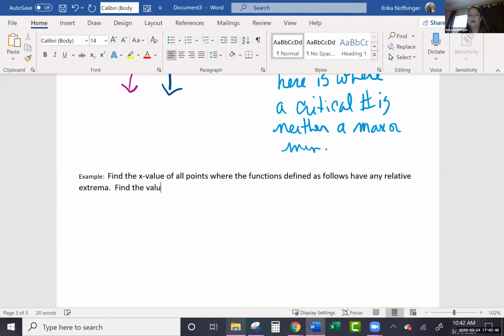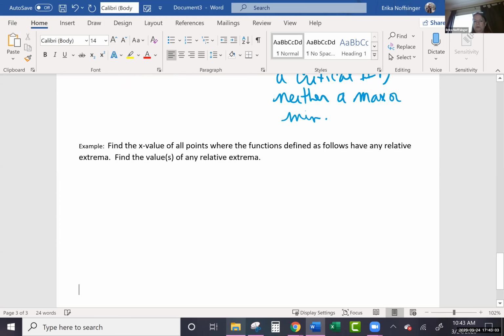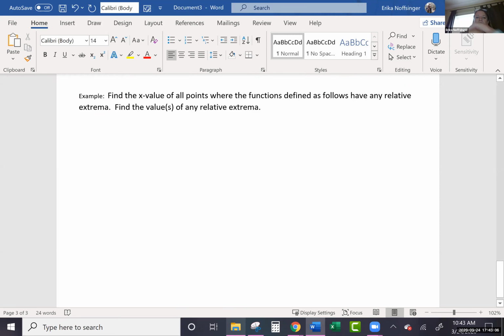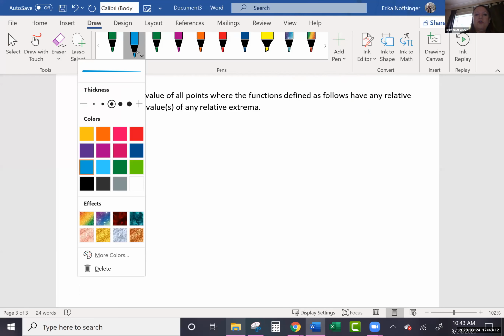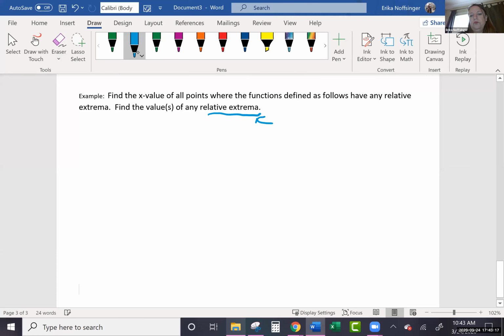Find the value or values of any relative extrema. Okay, just again, terminology, relative extrema is just asking you to find local max and local mins. So we want to find the local max and min points.